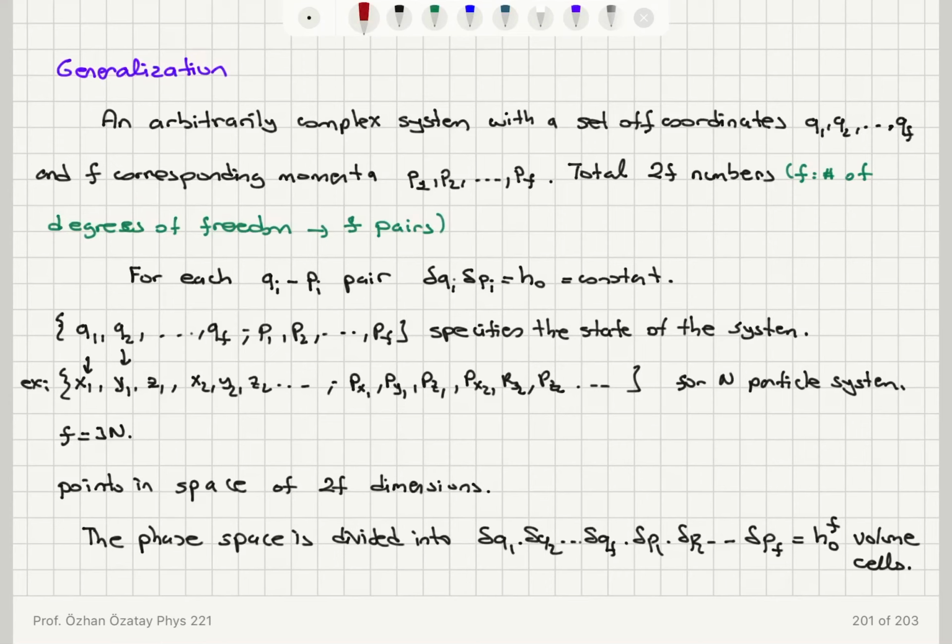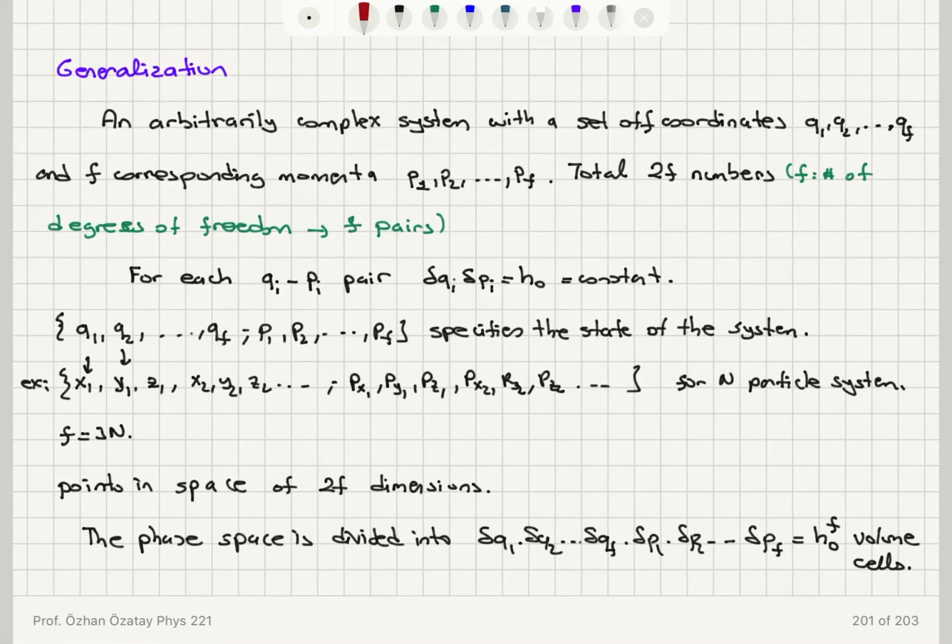So for an N particle system, I would have three pairs for each particle: x1, px1, y1, py1, z1, pz1. For capital N particles, I would have 3N pairs. So the number of degrees of freedom is 3N, and that corresponds to 2f dimensional phase space.